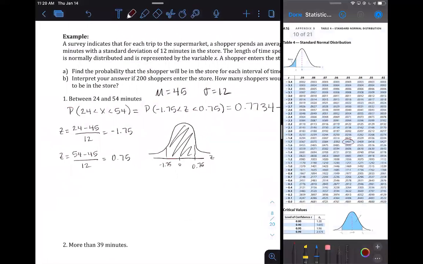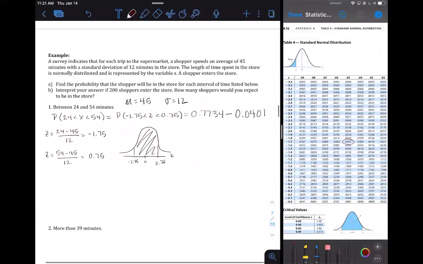Okay. So that area, or that probability, once you subtract those two, gives you 0.7333, 73.33%. So that's our answer to part A.